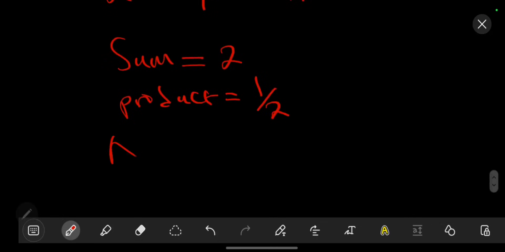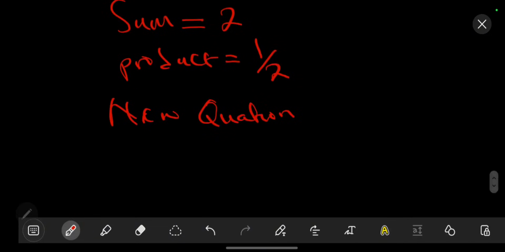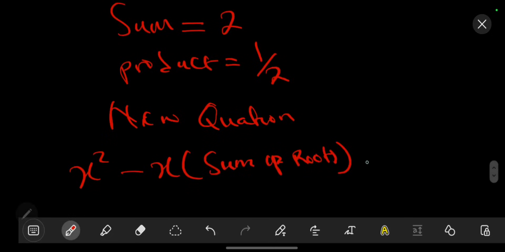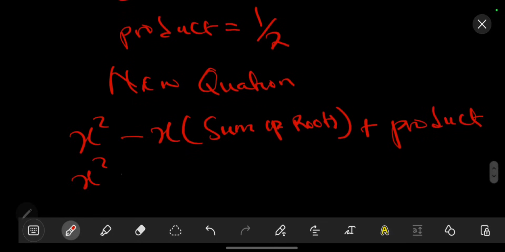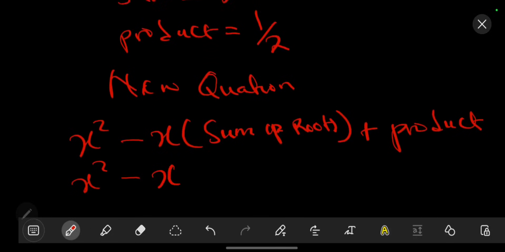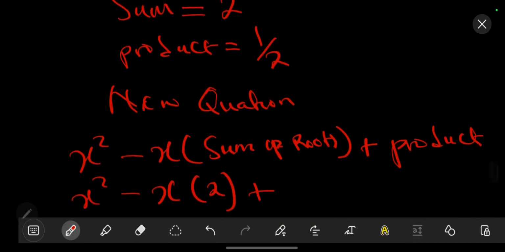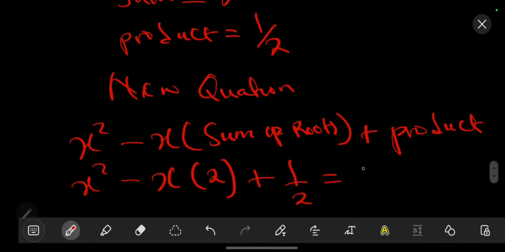So you can say that the new equation should be x squared minus x times the sum of roots, then plus the product. So we have x squared minus x, the sum of roots is equivalent to a positive 2, then we have plus the product of the roots, which is 1 over 2, should be equal to 0.